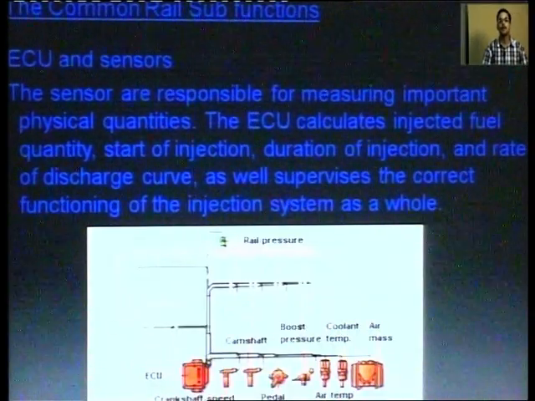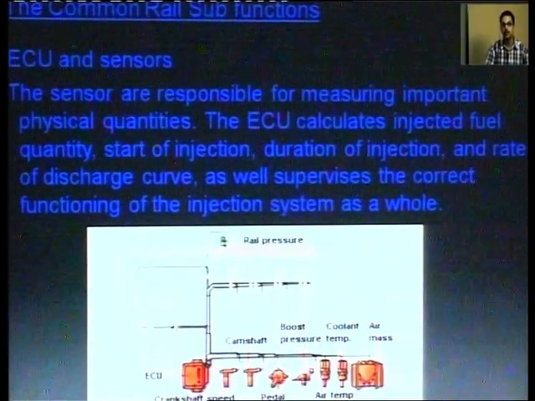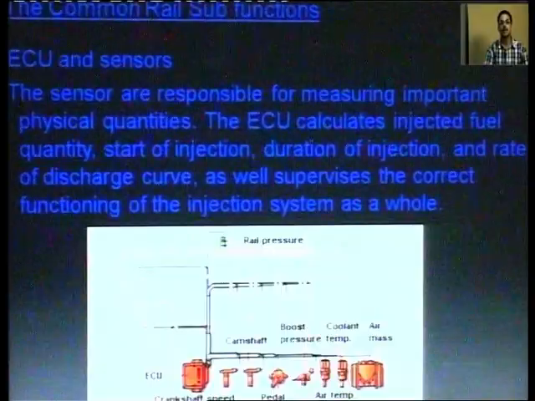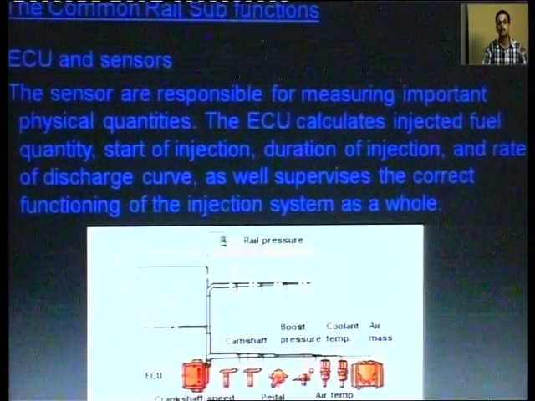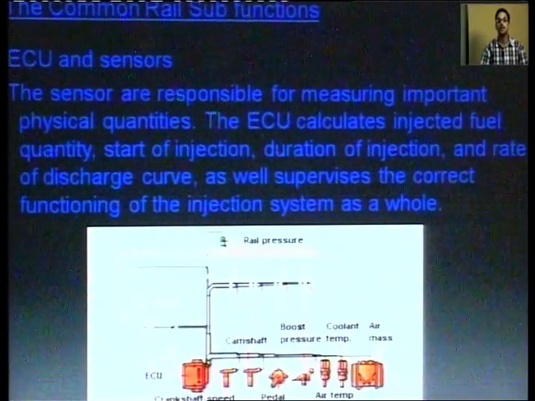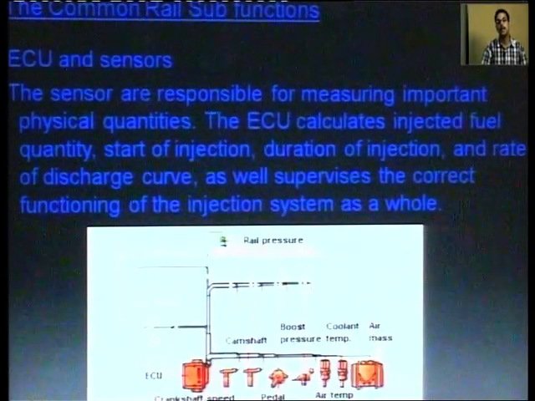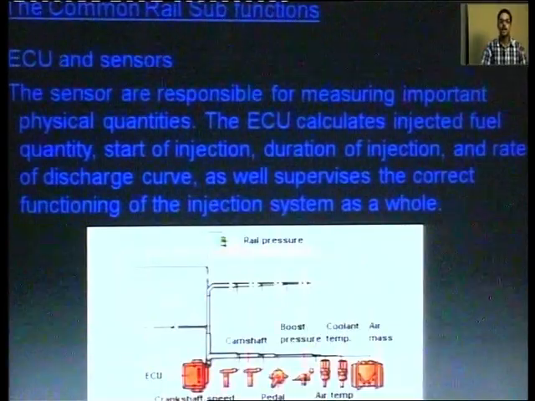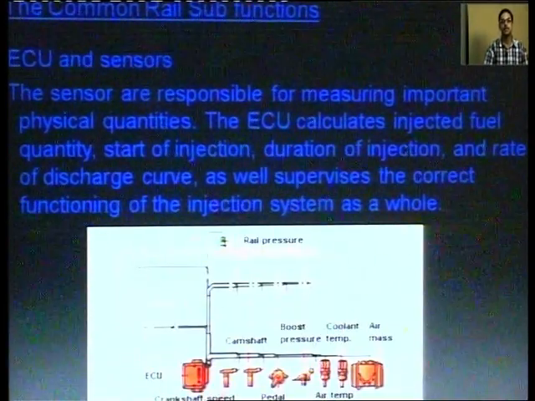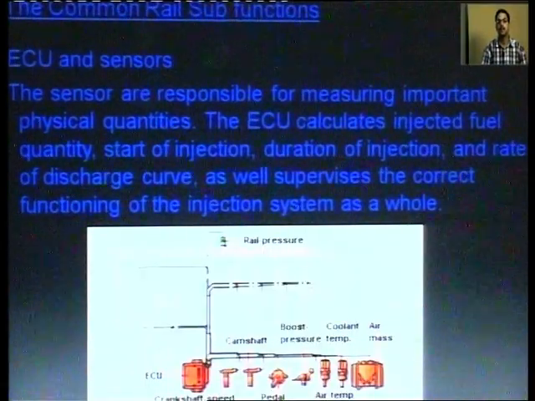The sensors are responsible for measuring important physical quantities. The electronic control unit calculates the injected fuel quantity, start of injection, duration of injection, and the rate of discharge curve, as well as supervises the correct functioning of the injection system as a whole.